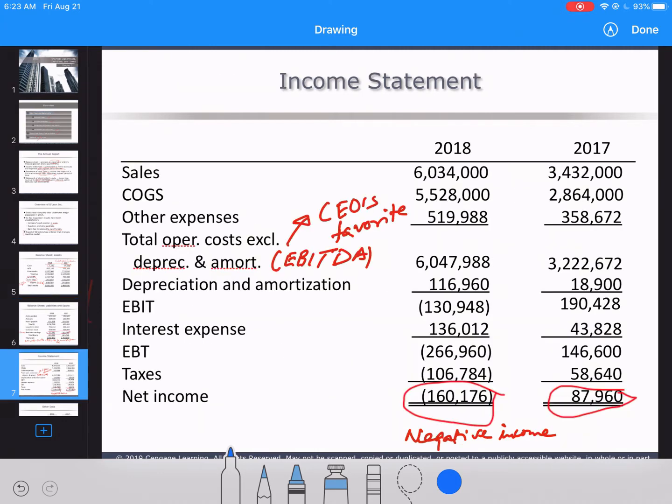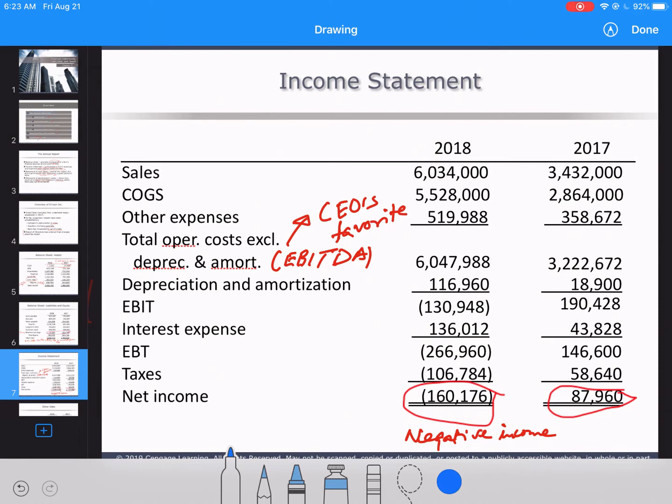Then after the balance sheet, you look at the income statement, and you can see that this part, 6,047,988, is known as EBITDA, because it is earnings before interest, taxes, depreciation and amortization. So there is no subtraction yet.